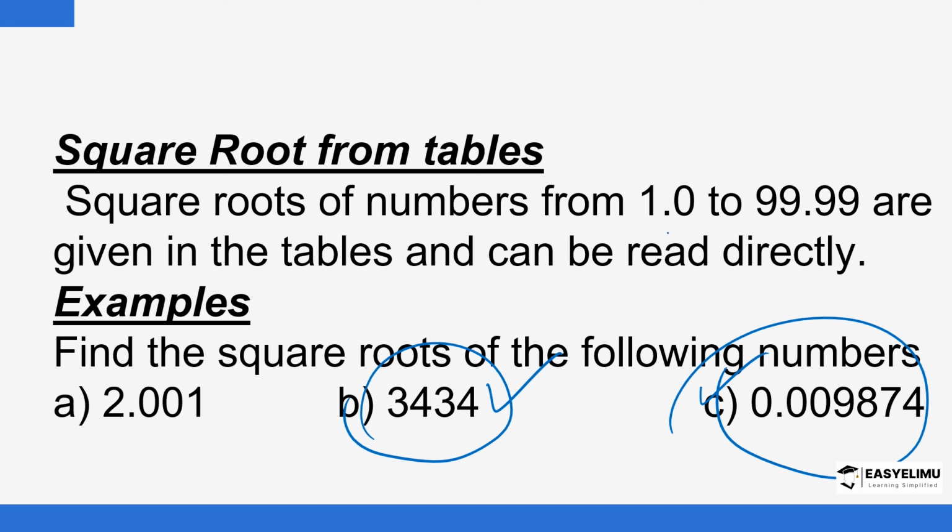So it doesn't fall within this range of 1 to 99. We're going to see how that can be done maybe in our next lessons, how you can find the square roots of numbers outside that range. But for this lesson, we'll narrow down to square roots of numbers that are between 10 and 100. Previously, we did square roots of numbers between 1 and 10.